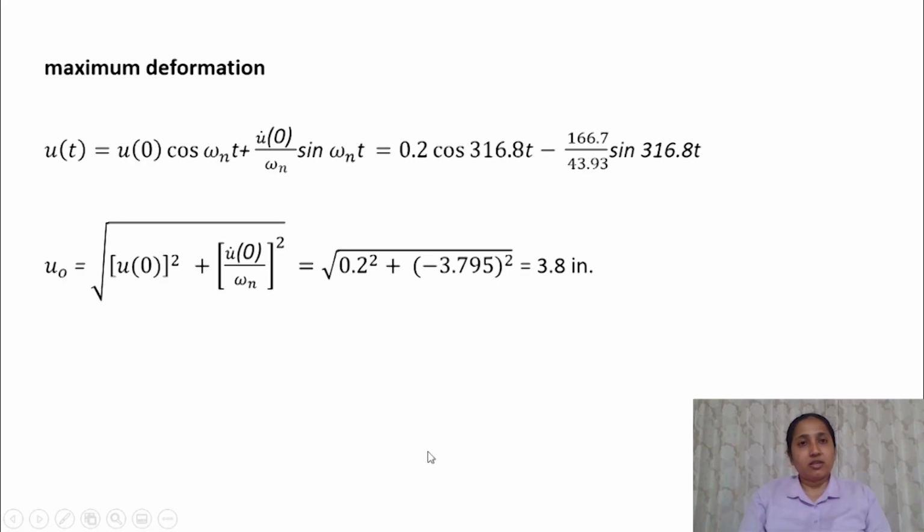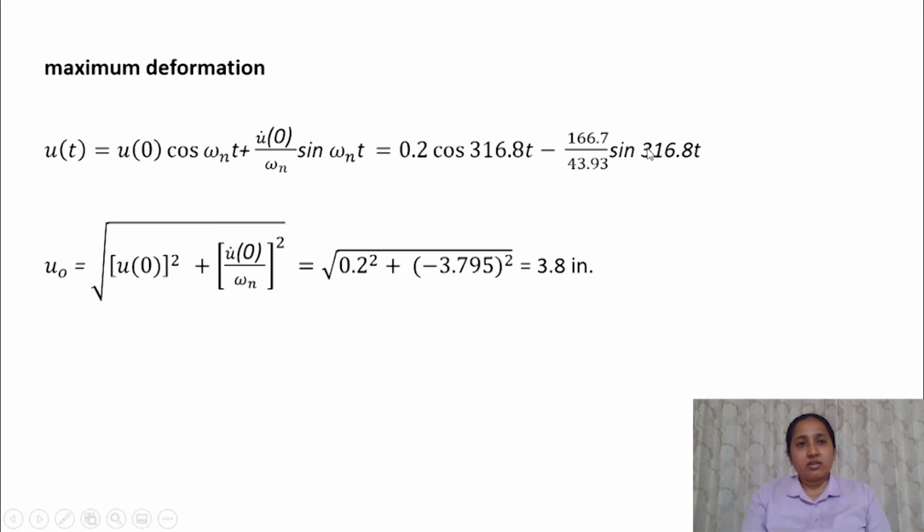Next, we will calculate the deformation of this system. So you know the initial conditions, we know the natural frequency. So you can calculate the displacement as a cos omega n t plus b sine omega n t. All these values are known, so you can substitute and get the expression for the displacement of the instrument.